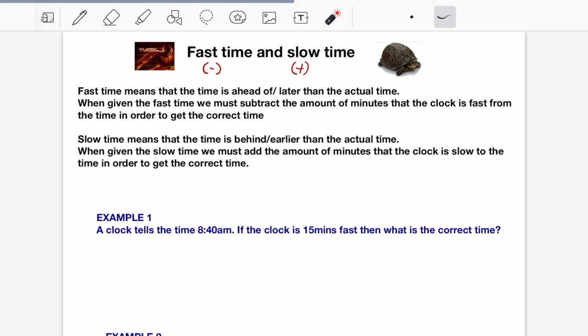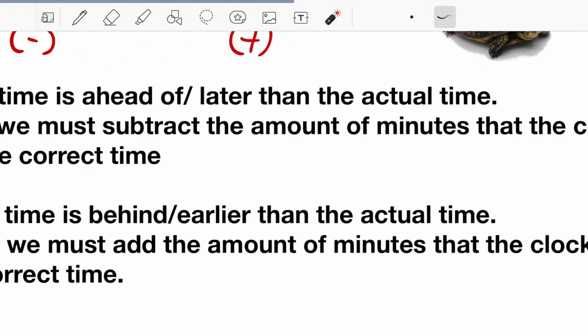So let's continue reading here. When given the fast time, we must subtract the amount of minutes that the clock is fast from the time in order to get the correct time. So let me give you a quick example.